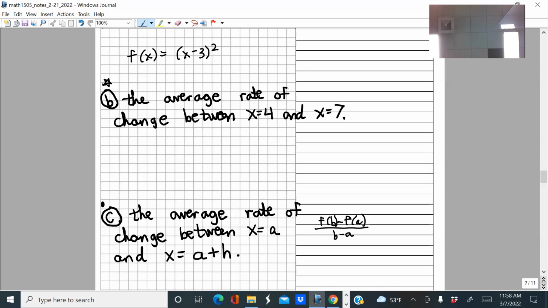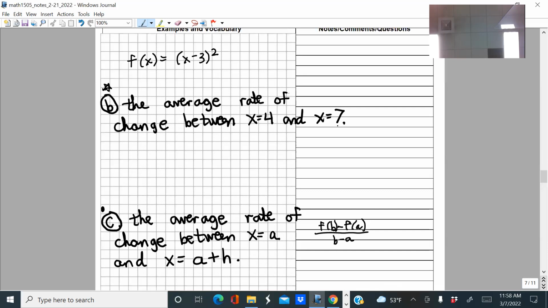There's your formula, f of b minus f of a over b minus a. I think this is the b, right? This is the a.